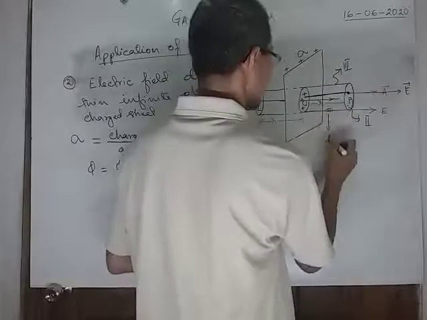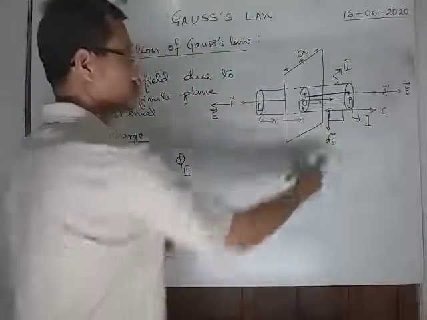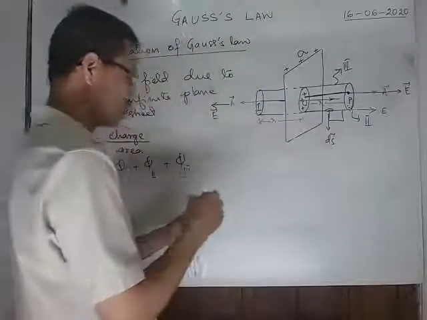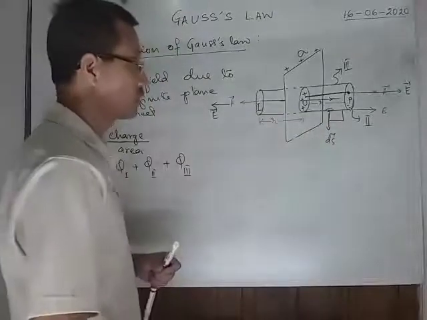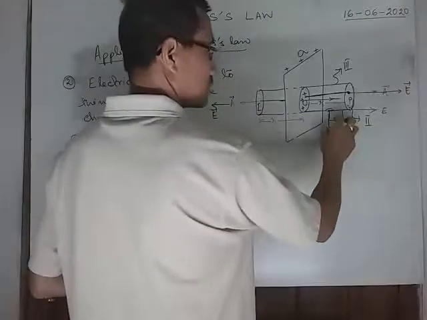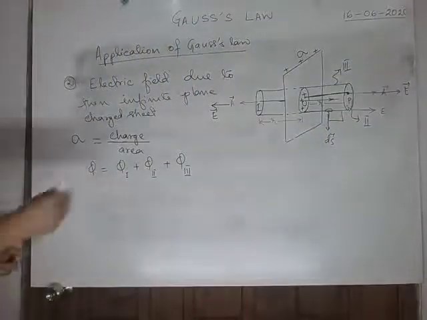So ds vector, the angle between them is 90 degrees. As the angle between electric field and this ds is 90 degrees, cosine of 90 degrees will come up and it will not contribute to any of the electric flux.